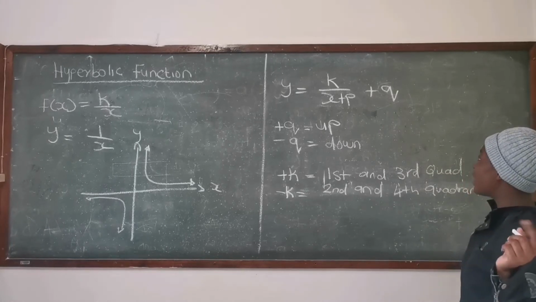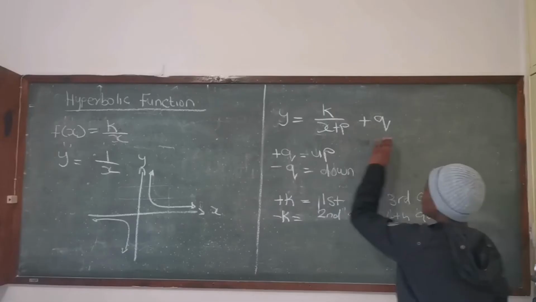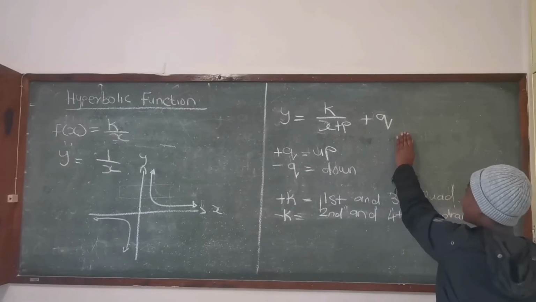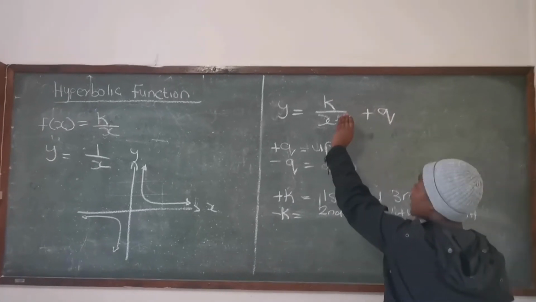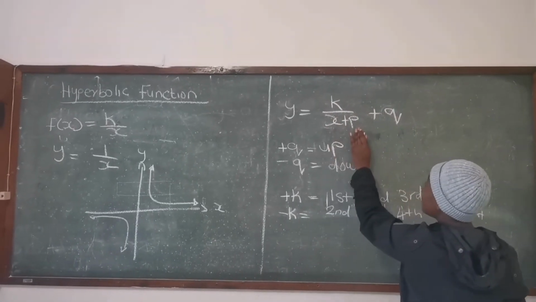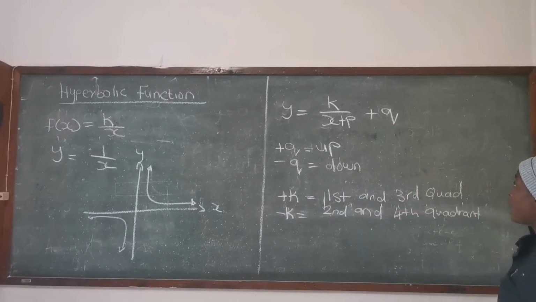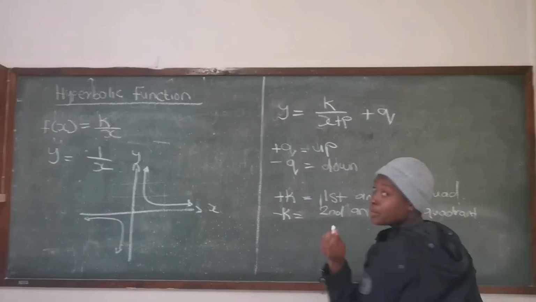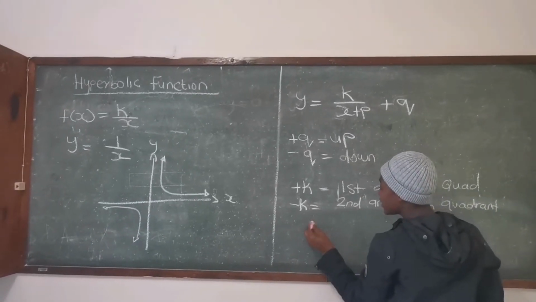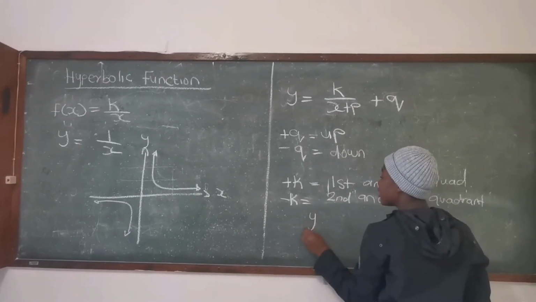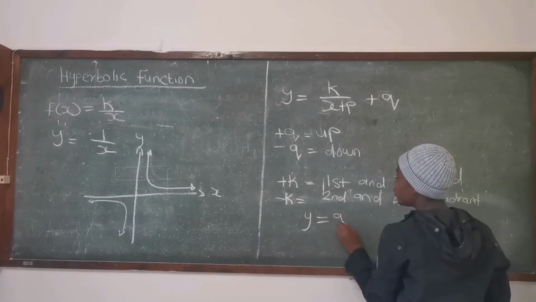In order for us to find our asymptotes, q here represents the horizontal asymptote, and x plus p represents the vertical asymptote. Let me just write that down. Our horizontal asymptote is y equals q.